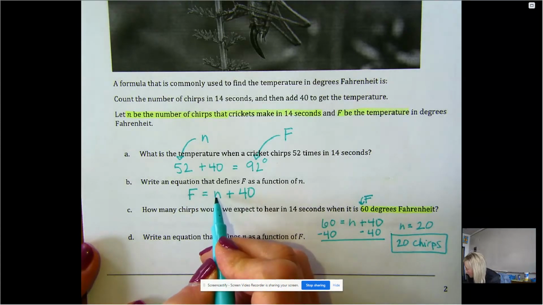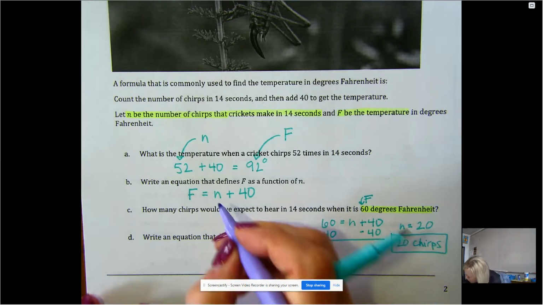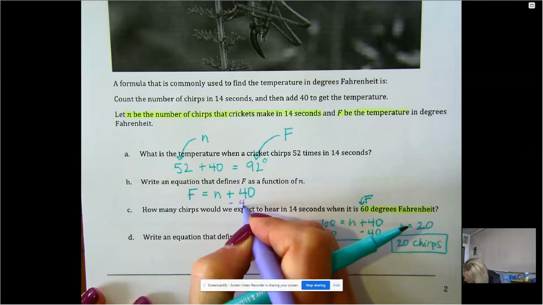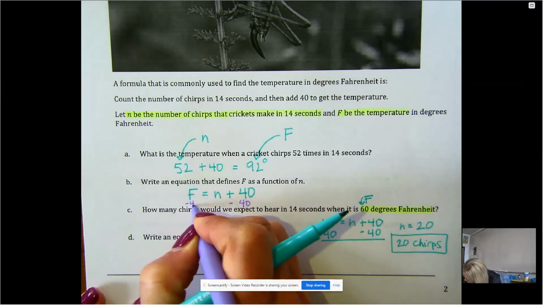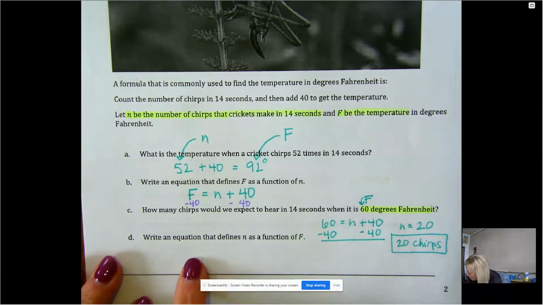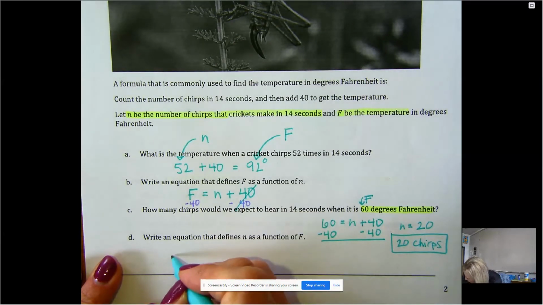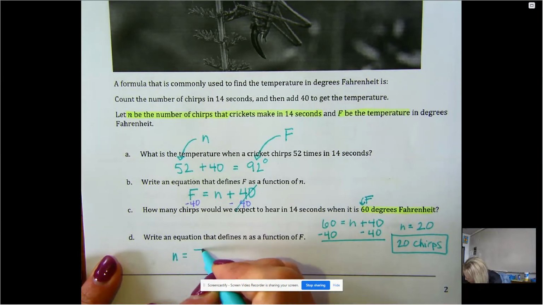And so if we wanted to get N by itself, we would simply subtract the 40 from each side. And so for D, I can say, well, those 40s cancel out. So N equals F minus 40.